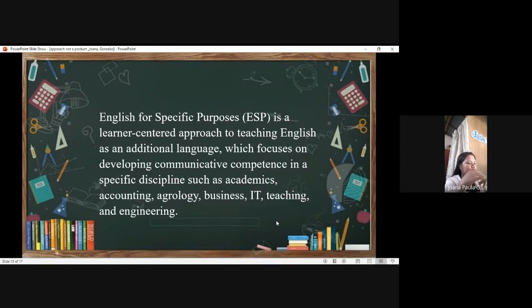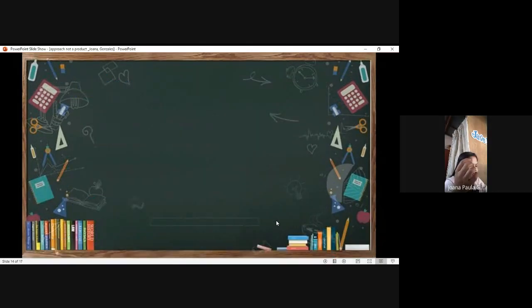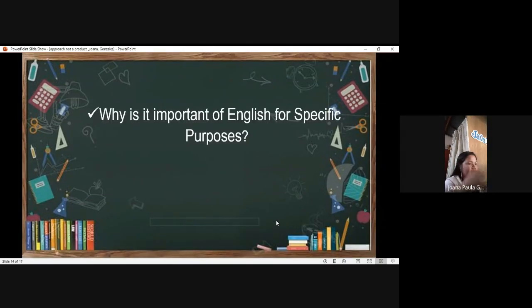It allows us to communicate with other countries or professions, to develop ESP, and to teach the English language to students and employees. Okay, let's have a question. Why is English for specific purposes important? English for specific purposes is very helpful to enhance communication and to help our society.